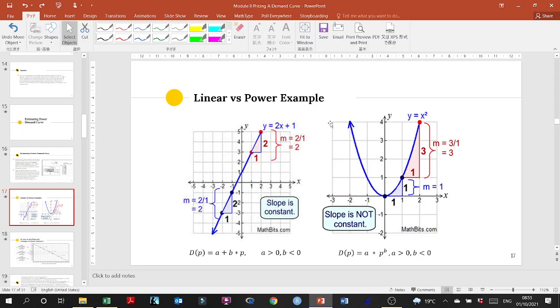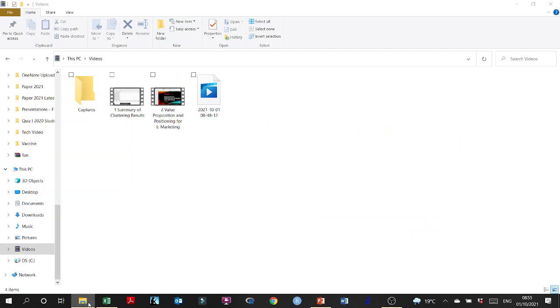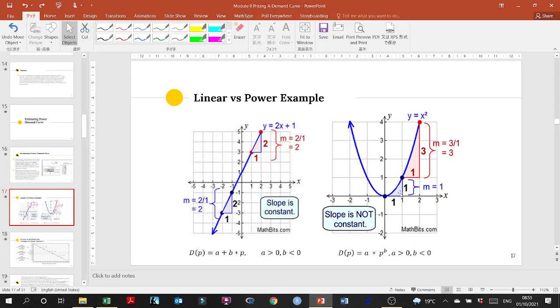It is delta y over delta x. However, in power functions, as you can see here, the slope is changing. It is not a constant slope, it is a changing slope.